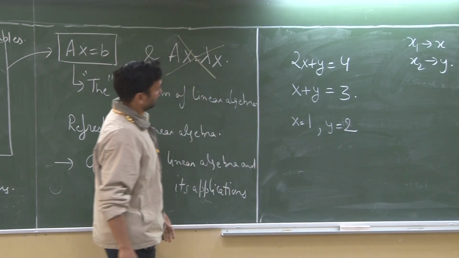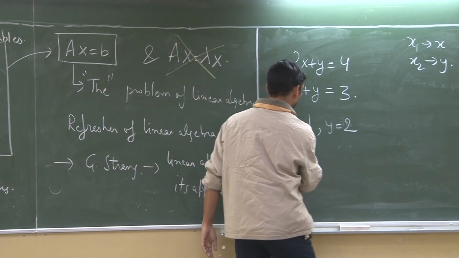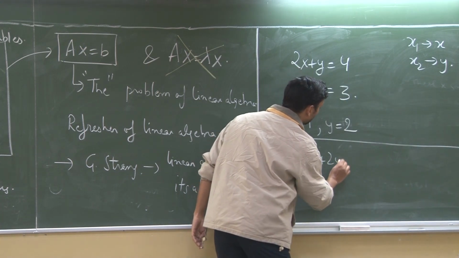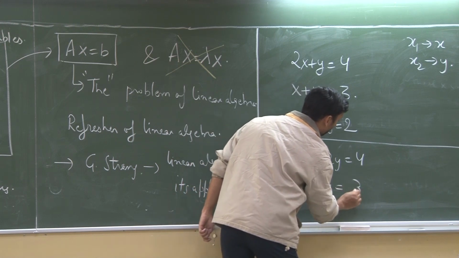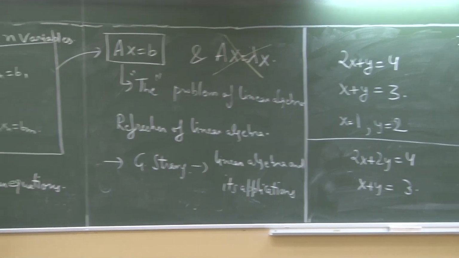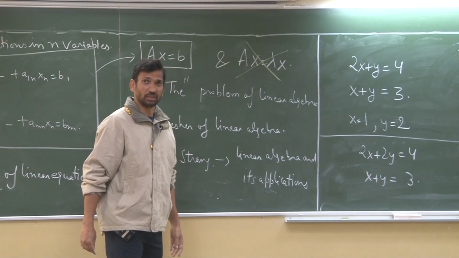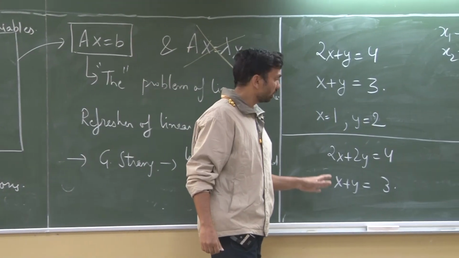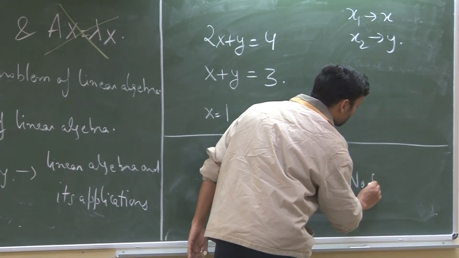This is not the only case. There are complications here. What about this set of equations? 2x plus 2y equal to 4 and x plus y equal to 3. If you think about it for a little bit, you will realize that this set of equations cannot be solved.